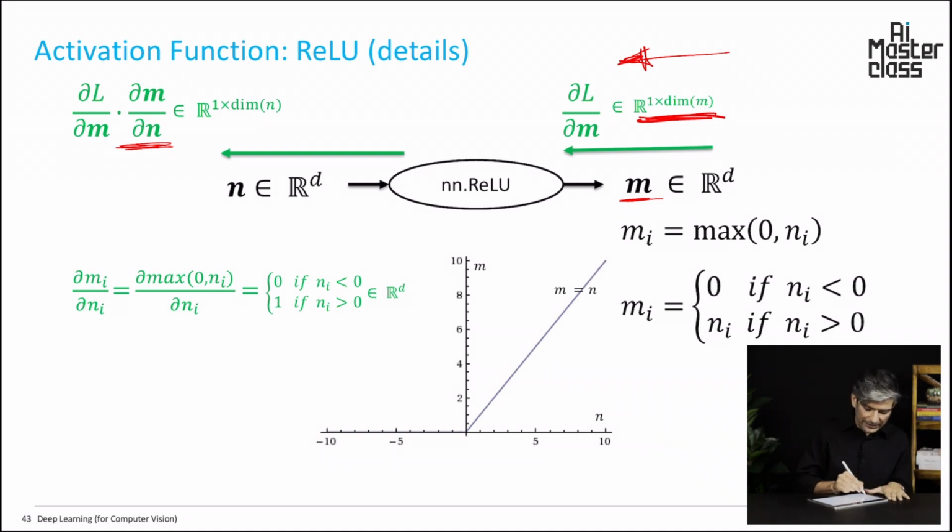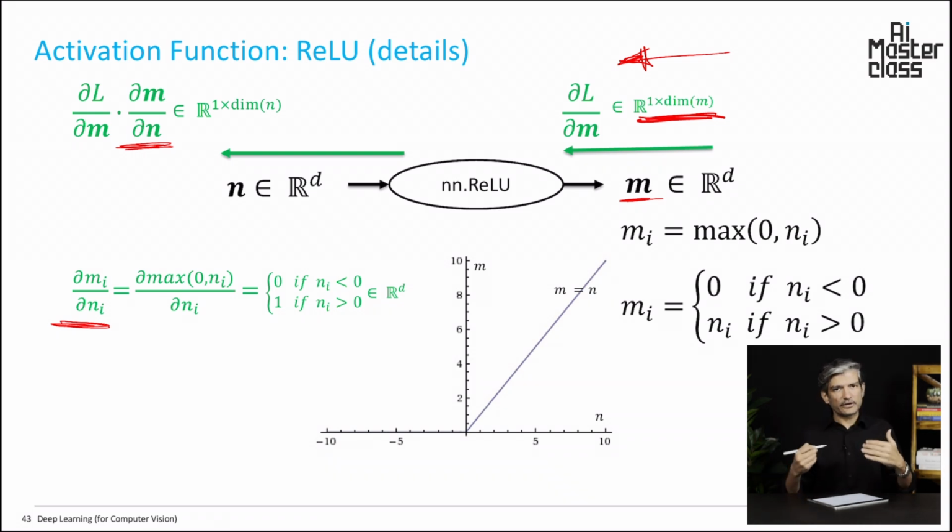And what does each of these partial derivatives look like? I'll differentiate the output with respect to input, but the output is the input as long as it is positive. If it is negative, it is 0. So there can be only two cases, right? It will be either max of 0 comma Ni.